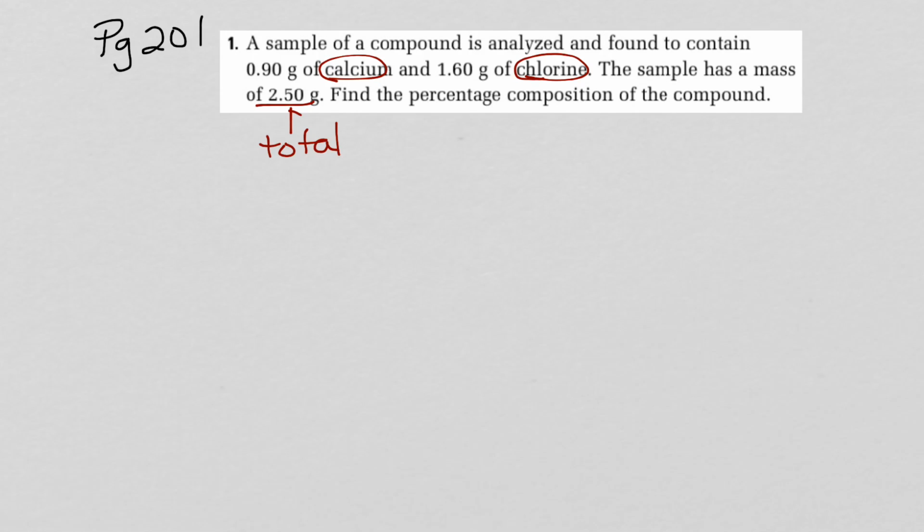Okay. So the second thing is that you may notice that these are not molar masses, right? You look at calcium, 0.90 grams, that's certainly not the molar mass of calcium, because calcium's molar mass would be 40. And this is not chlorine's molar mass, because chlorine's molar mass is 35.453 grams per mole. But that's okay, right? Because they didn't tell us the formula.